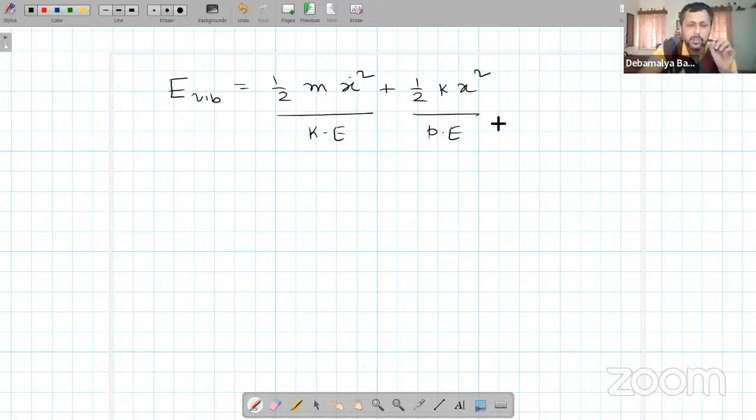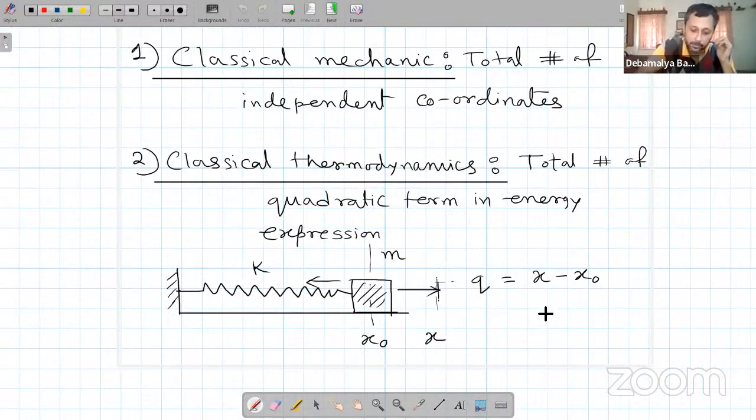Actually, I should write q dot and q, which is technically more correct, because I have already defined q as the coordinate.